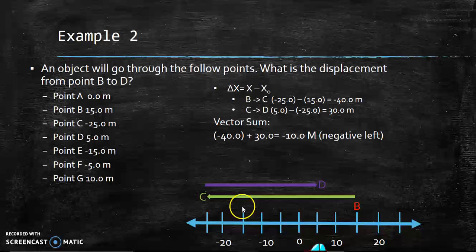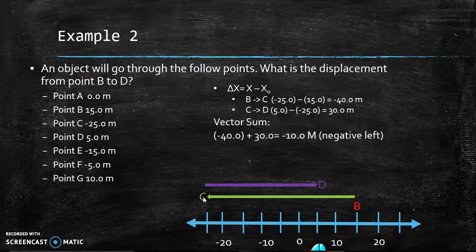Same thing from C to D. We have the final minus the initial, which is 5.0 minus negative 25.0, which is going to give us 30. And then we're going to add the two vector sums to get the final displacement.